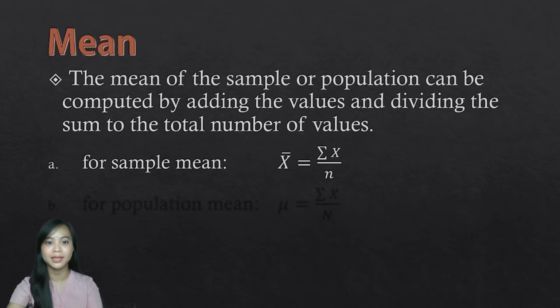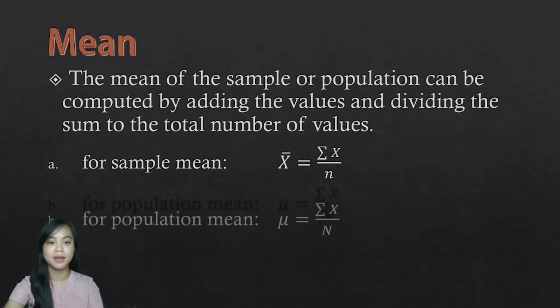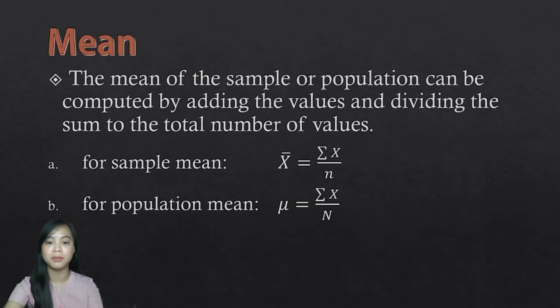The small n is the total number of your sample. For the population mean, we have the symbol mu, which equals the summation of x, the values of your population, over the total number of the population, capital N.